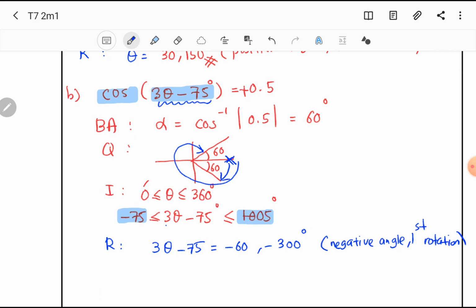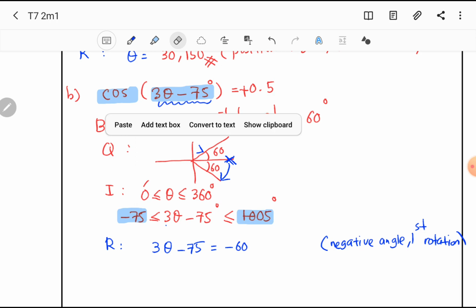Tapi awak tengok dia punya range dia until negative 75 degrees only. Jadi kita tak boleh ambil jawapan yang ni. Tak boleh. Ya, sebab dia out of the range. Maksudnya kita tak boleh, okey, lebih daripada range tu lah.